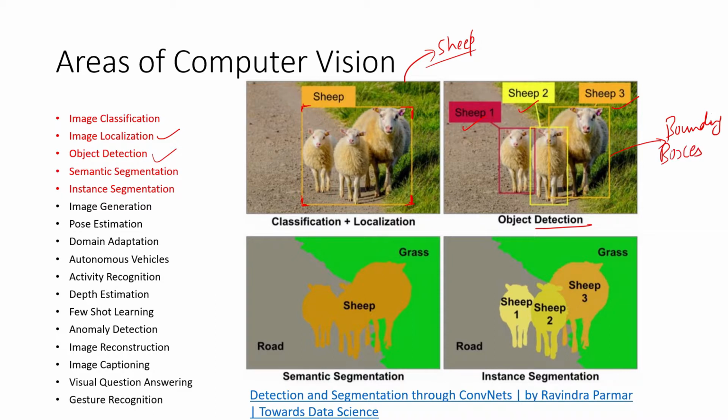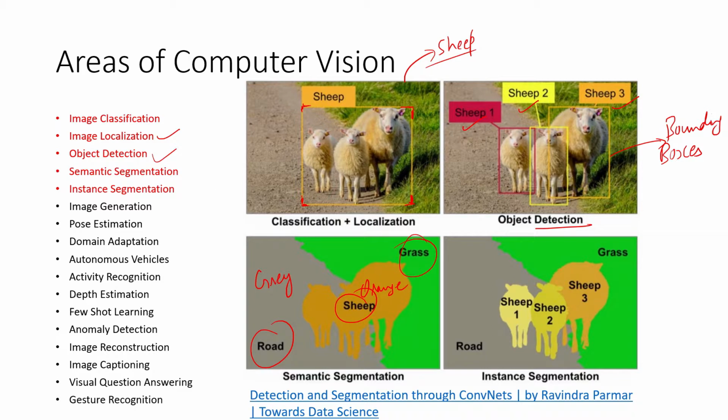Then semantic segmentation. Semantic segmentation means segregating different things within the image with different colors. Now this road is gray, the sheep is orange, the grass is green. So all these three things are segregated with different colors. This is called semantic segmentation.